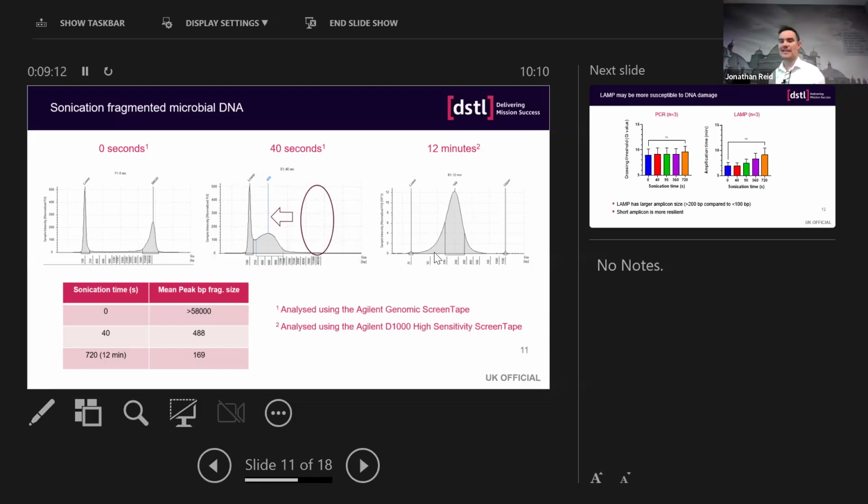But even with just 40 seconds of sonication, you can see that size distribution moves quite far to the left, and in this instance, with a mean peak base pair fragment size of just under 500 base pairs in size. If you increase that up to 12 minutes, that then decreases to below 200 base pairs.